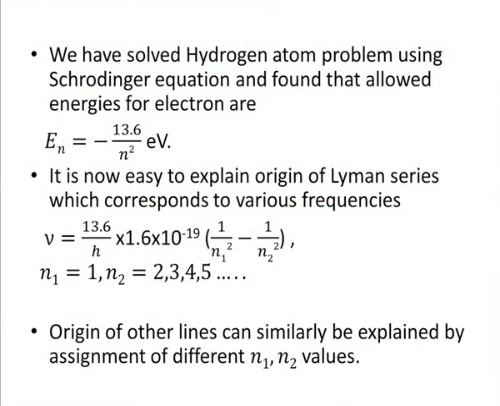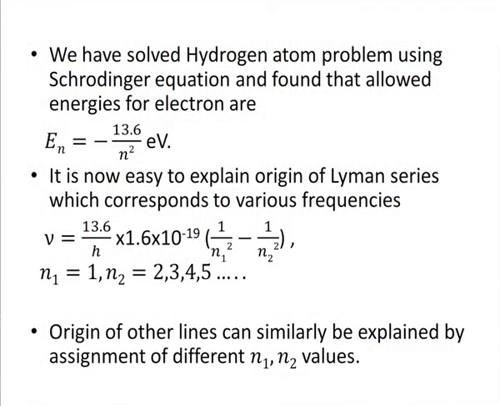So, the original basis for n1 and n2 representing a series is now obtained from the formula En equal to minus 13.6 upon n square electron volt, because the spectral frequency emitted is just the difference of two energy states labeled by two integers. Origin of other lines can similarly be explained by assignment of different n1 and n2 values.